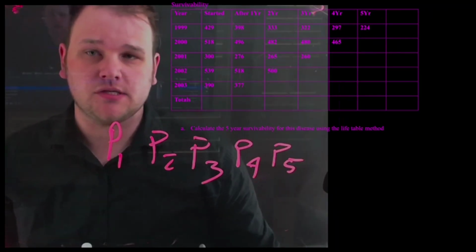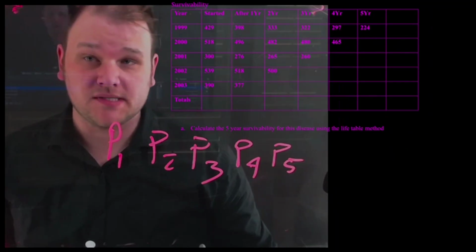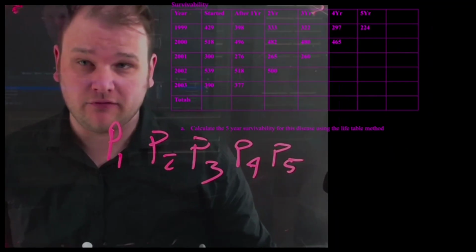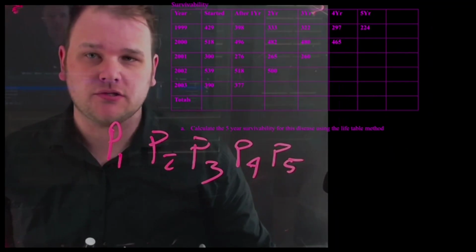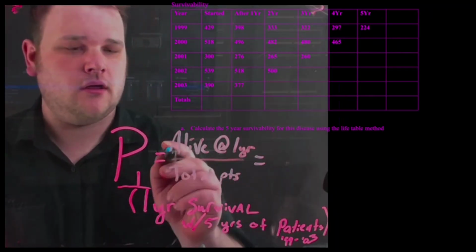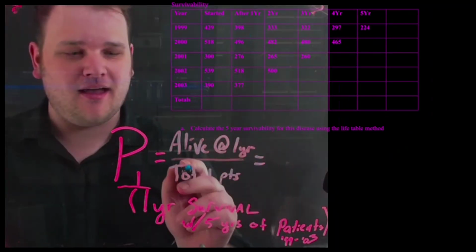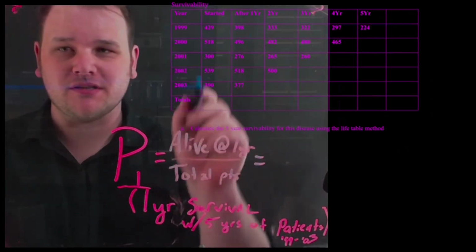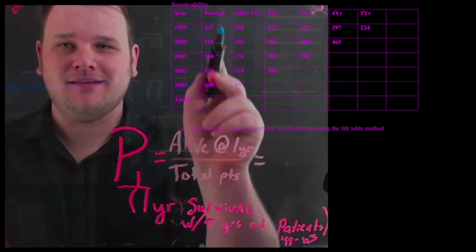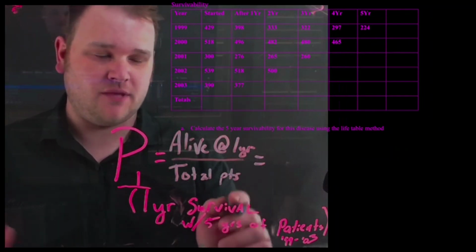What I meant is just the sum total of each of the columns, which represents the survival number of people at each one of those columns or years. Okay, so we have alive after 1 year, which would be this column right here, over total patients, which is this first column right here. And P1 is 1 year survival using 5 years of patient data.